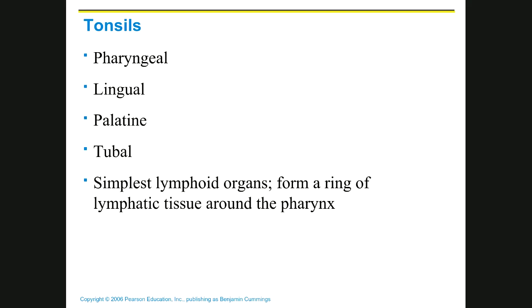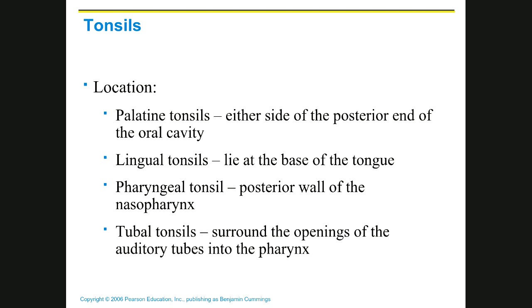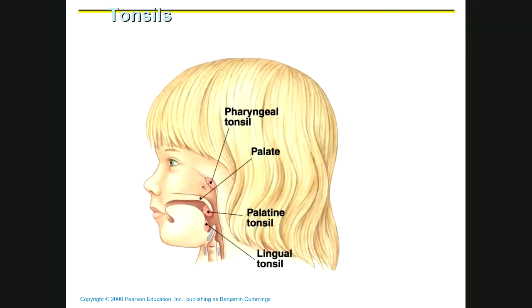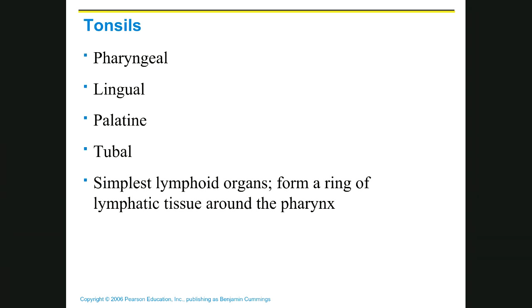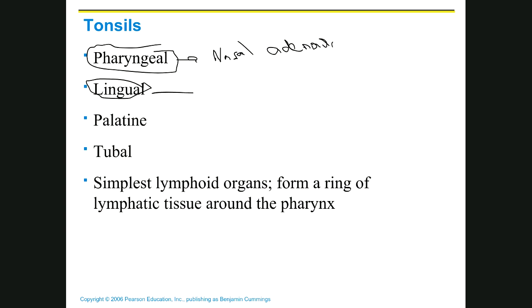And then we have tonsils. Let's look at tonsils. So tonsils form a ring around your mouth and nose. And there are three pairs of these tonsils. There's one pair called pharyngeal. These are up in the nasal cavity, and sometimes they're called adenoids. It's the same thing. And then there's a pair on the back of the tongue. And in order to see these, you have to push the tongue down.